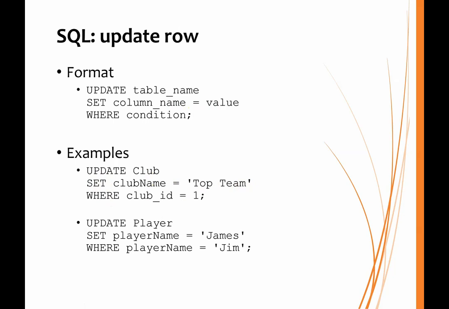But because of the unique constraint on the club name, that would be a problem. But generally, if you don't specify a where clause, every row in the table will be updated in the same way. And that's why we would tend to use a where clause.